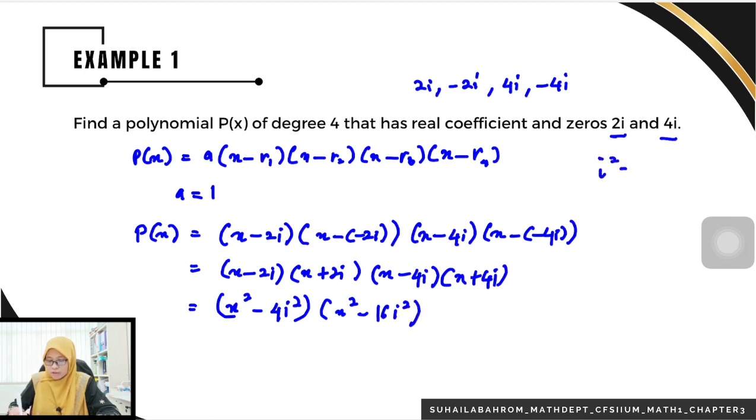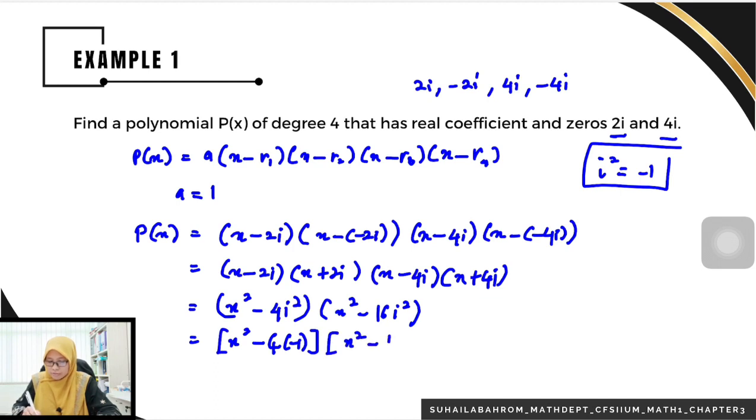I squared, as we have learned in chapter 1, is equal to negative 1. So substitute negative 1: (x squared minus 4 times negative 1) times (x squared minus 16 times negative 1). You will get (x squared plus 4) times (x squared plus 16).